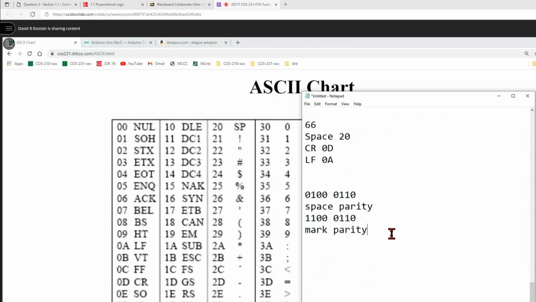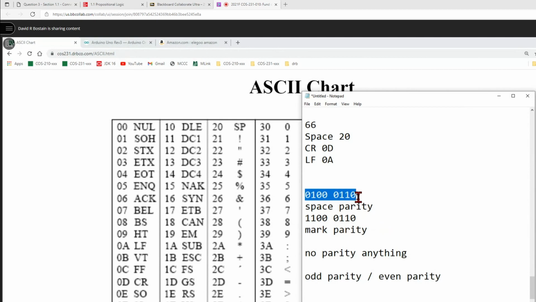There's 3 other common parities. One of them is called no parity, in which case anything can be in that bit. We have odd parity and even parity. What they are is, if I have a number like this, and I'm using odd parity, it counts the number of 1s that I already have turned on.